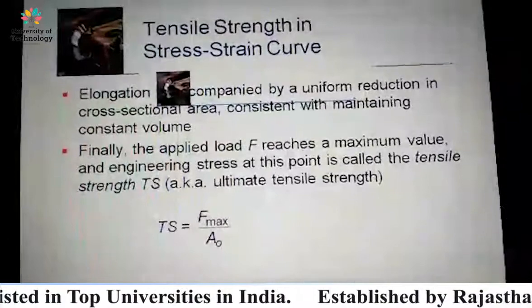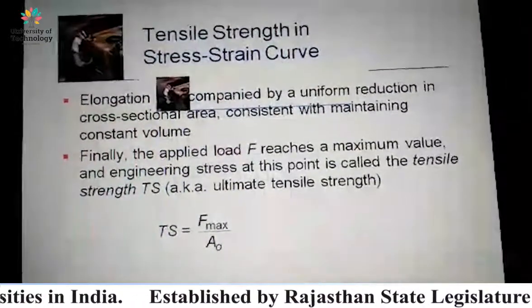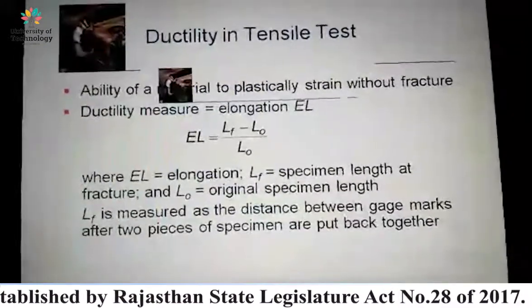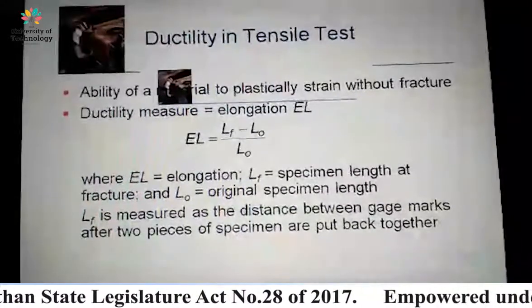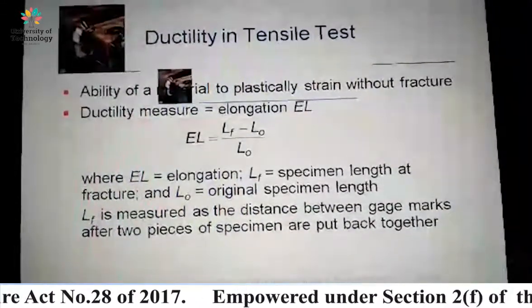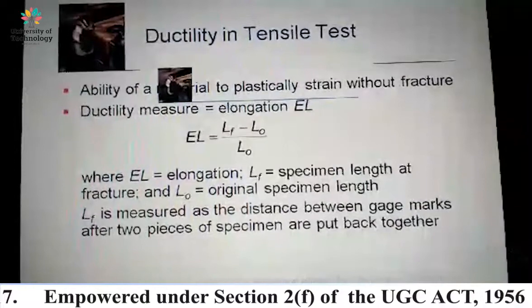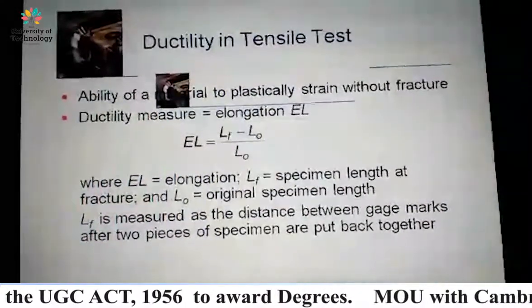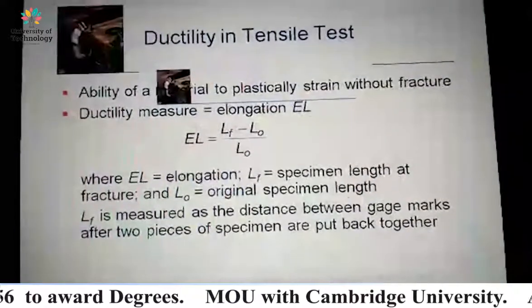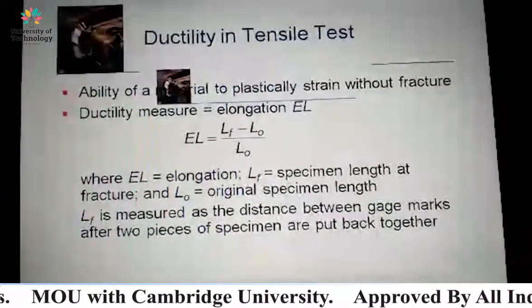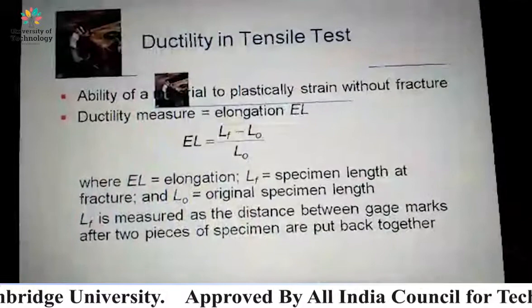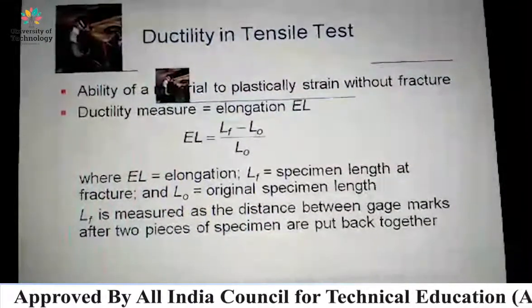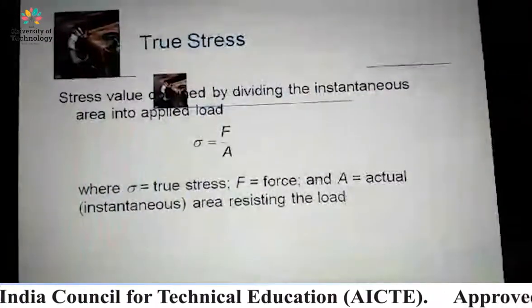That is F max upon A naught. Ductility in the tensile test is given by the formula EL equals (LF minus L naught) upon L naught, where LF is the specimen length at fracture, L naught is the original specimen length, and EL is the elongation, right?